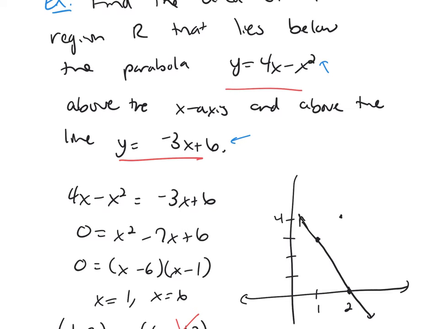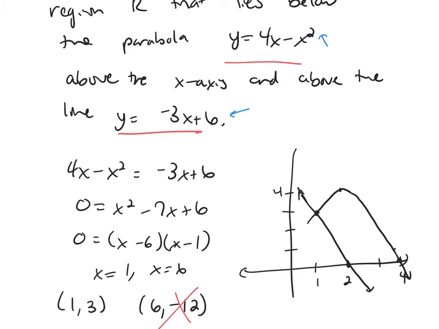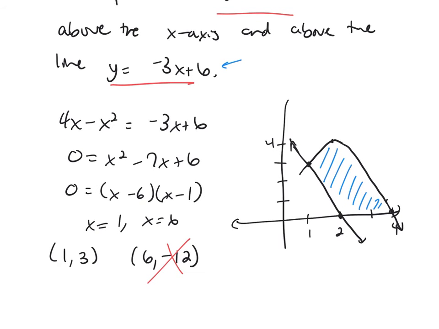And if I plug in 4 for x, I'll get 0. So here's my parabola. And I want the region that's above the x-axis, above the line, but below the parabola. So that is the region that I'm looking at.